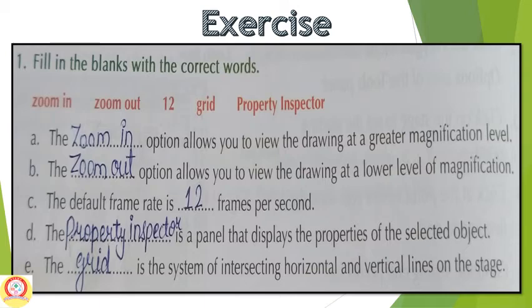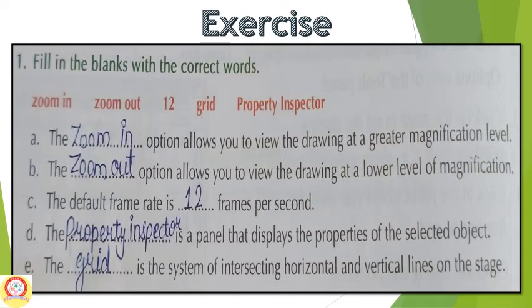Now, children, let's move to page number 102, exercise. Filling the blanks with the correct words. The first is A. The dash option allows you to view the drawing at a greater magnification level. Zoom in. B. The dash option allows you to view the drawing at a lower level of magnification.